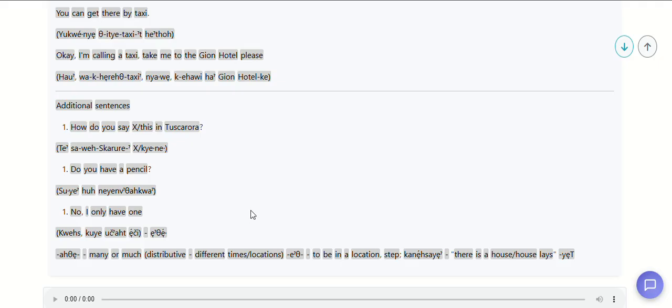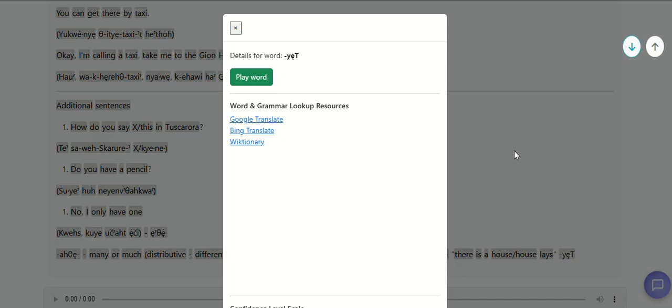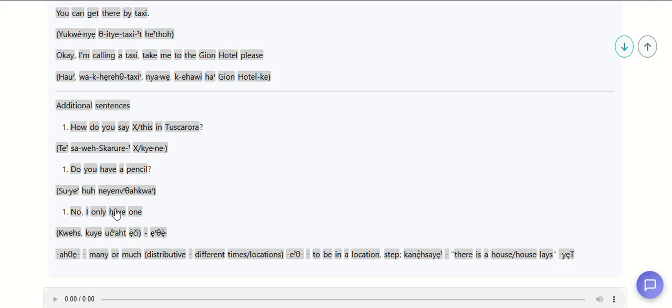Do you have a pencil? So this yet means to lay, but it also means to have. So suya huh, nayena fakwa. It means pencil. It literally means something like "something that we humans use to write."